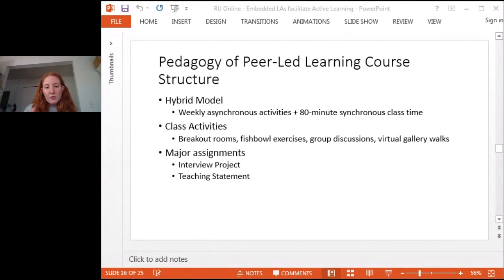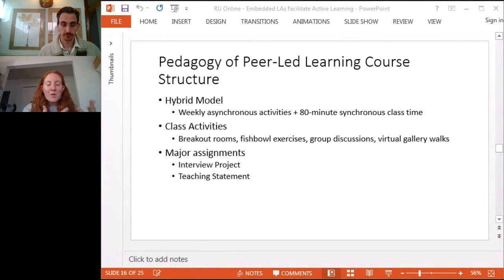So with this hybrid model, we split up the 3-hour time into asynchronous work and a synchronous class that the LAs attend. Every week they have weekly asynchronous activities to submit through Canvas, which is the platform that we use for the course. And then they attend an 80-minute synchronous class time with their instructor once a week.